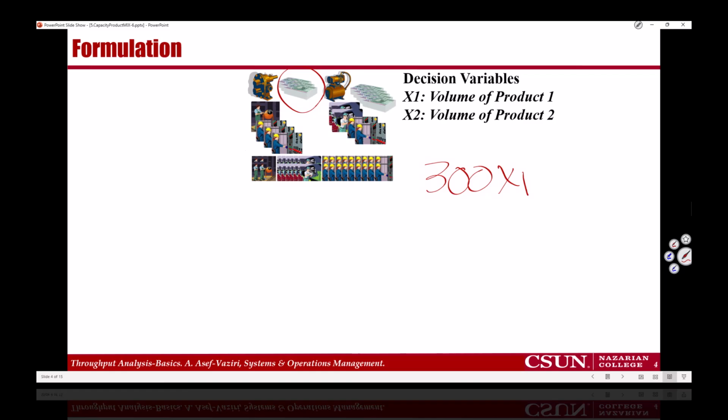For product 2, I make $500. And if I'm making X2 units of product 2, I make 500 X2. And I should add these two together. Objective function Z is equal to 300 X1 plus 500 X2.